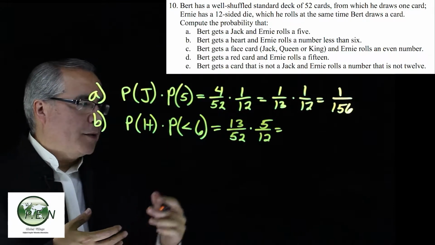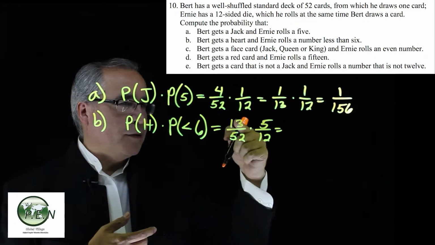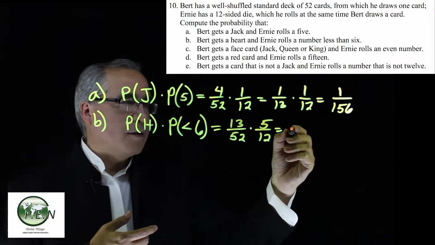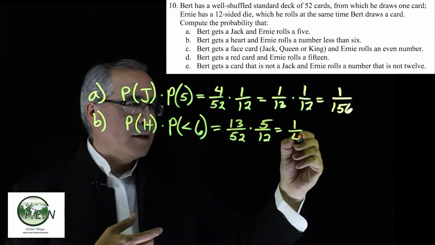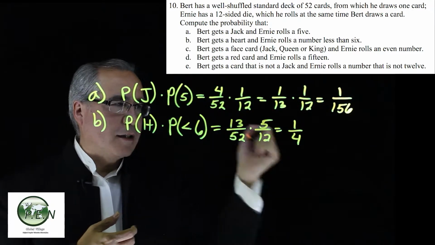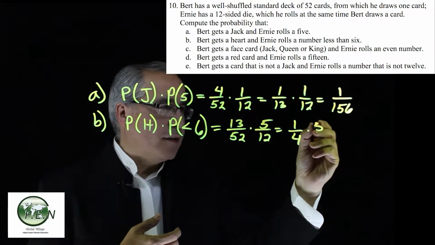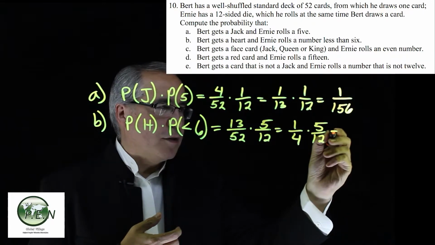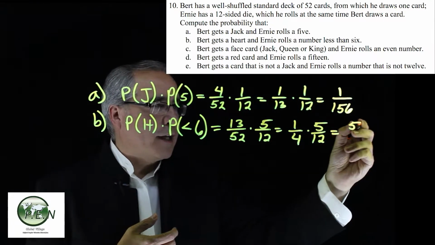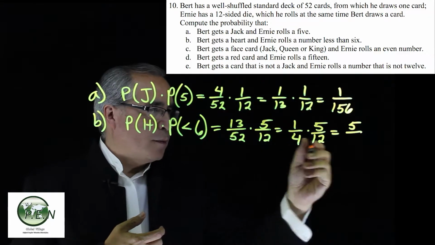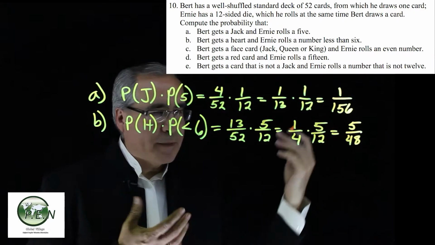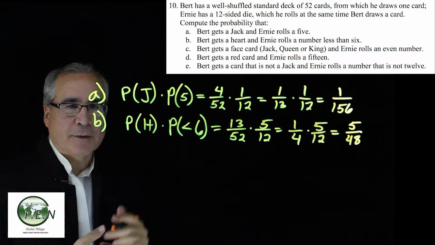We can reduce the 13 out of 52. 13 goes into both of these numbers, so that reduces down to 1/4. 52 divided by 13 is 4. 5/12 does not reduce, so we leave that as is. And then just multiply the two. 1 times 5 is 5, and 4 times 12 is 48. And that's in reduced form.